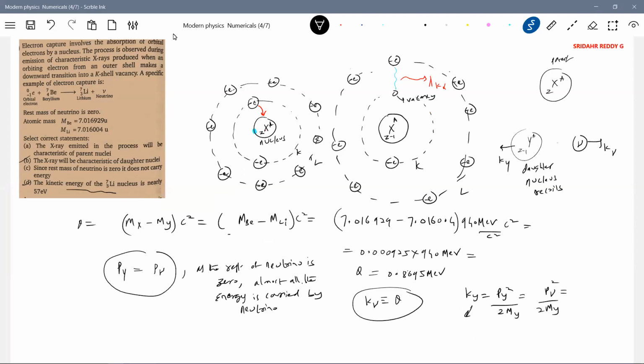K alpha, lambda K alpha, okay, that will come afterwards. That is not at all needed here. Q is equal to Ky plus K neutrino. We don't have an equation here.